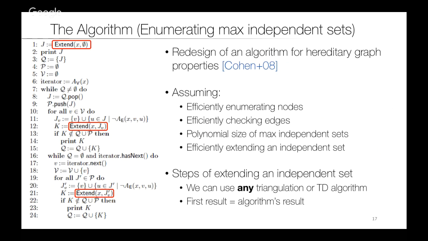So we start by extending the empty set, which just basically means take a method for minimal triangulation, run it on your original graph, and return the results. And then we extend other sets. So we just use the same method on different graphs, and we get more minimal triangulations of our original graph. So this algorithm doesn't replace existing methods. It uses them, and it tries to get more results using the same method.